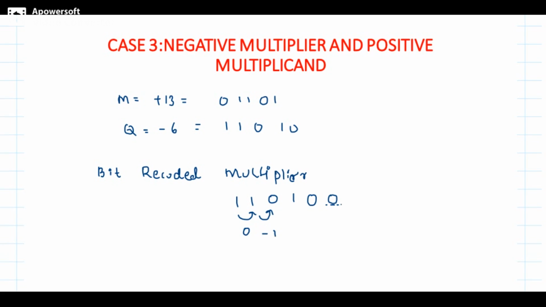The transition from 0 to 1 is plus 1, 1 to 0 once again minus 1, 0 to 0 is 0. So this is the new value of q we need to consider while computing the partial product.